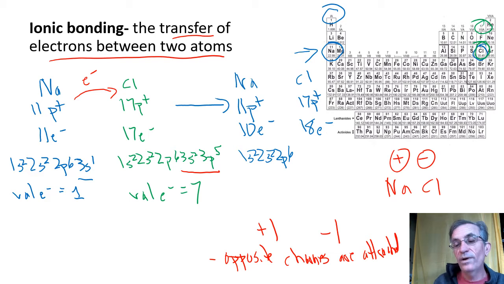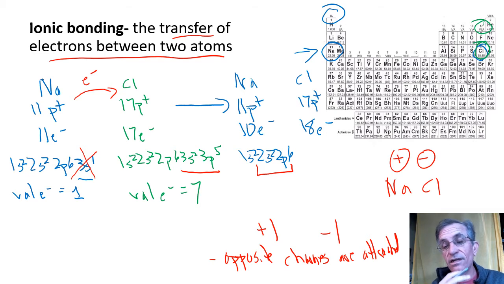There are two ways of thinking about it. Either you could think the third shell is now empty, or you could think the outermost shell is the second shell, and it has 8 electrons in it. Either way, you get the same answer. 8 valence electrons or 0 is a good amount. Nature likes 8 or 0.